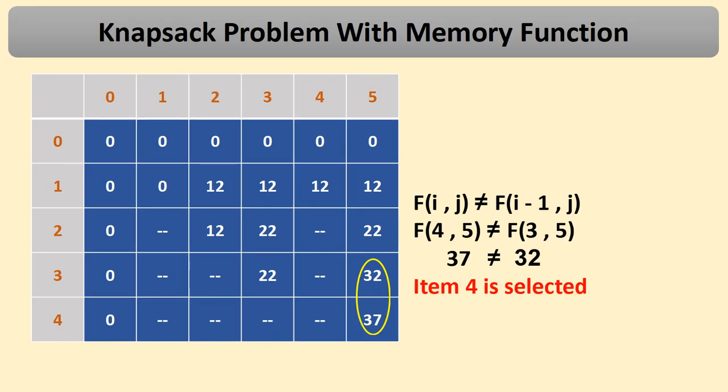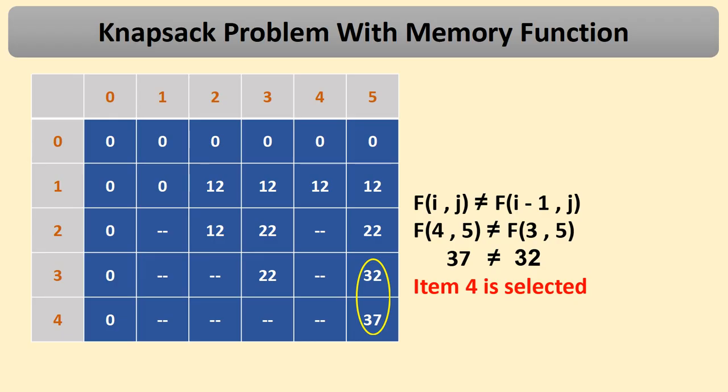After filling the table, now we have to select the items. In order to select the items, as I mentioned, we have to follow the formulas. So what is the first formula? f of i comma j not equal to f of i minus 1 comma j.